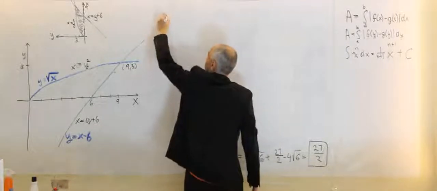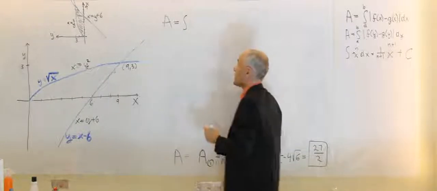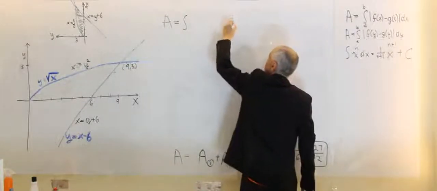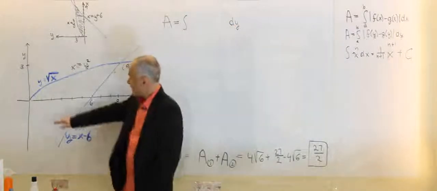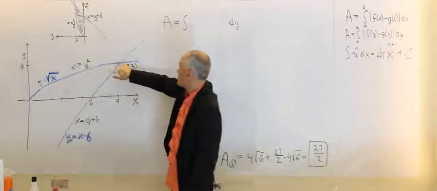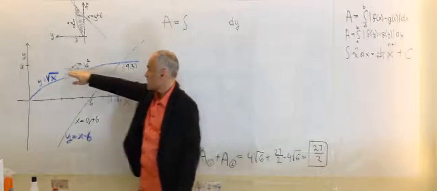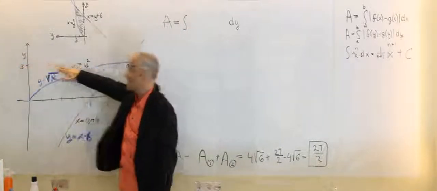So then our area will be calculated as the integral. Let's first make sure that we get the limits correct. So we are starting at 0, and we're going all the way to this point here. So y changes from 0 to 3. Why did I know that was 3?